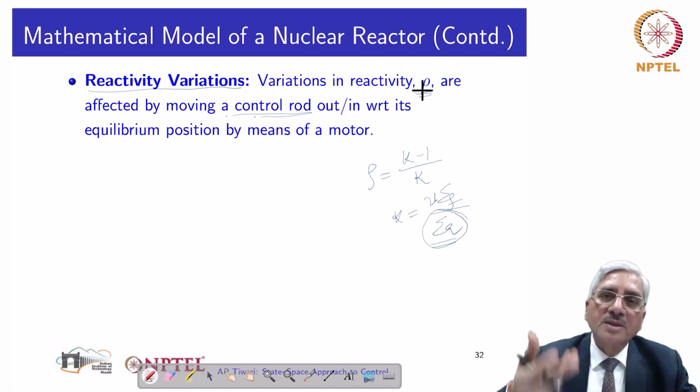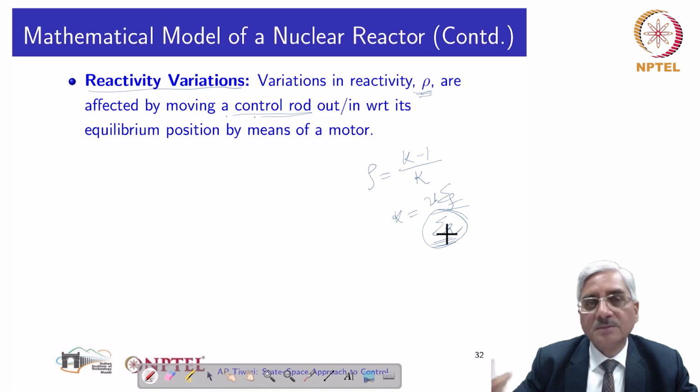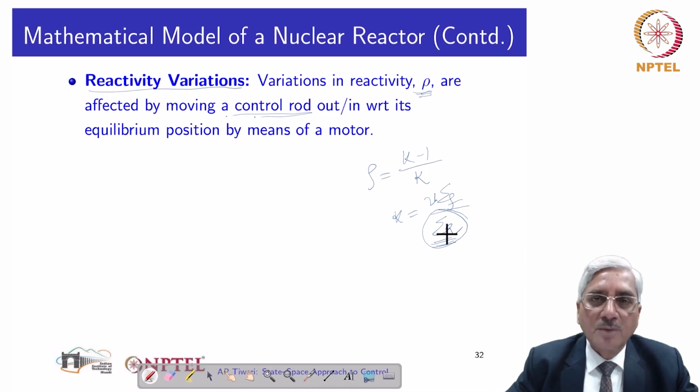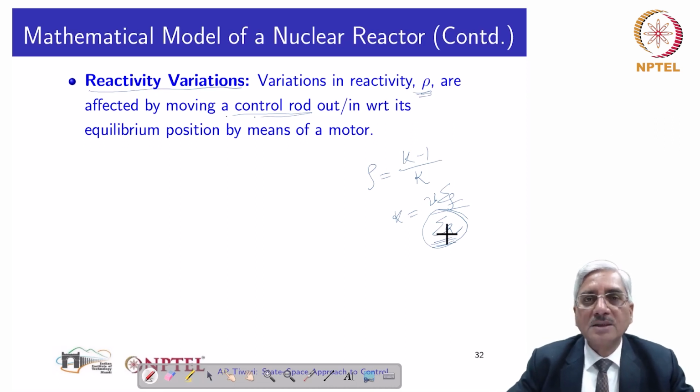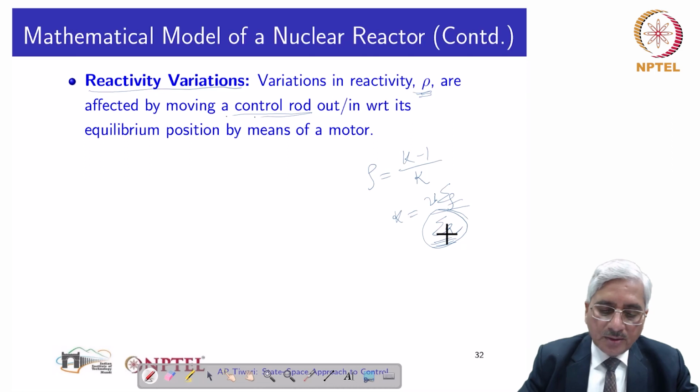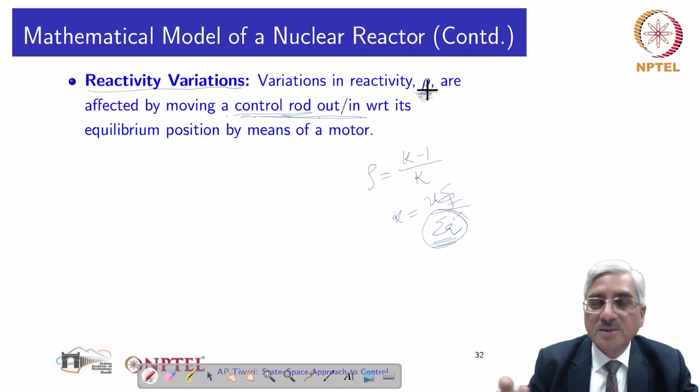And if we pull out that same rod, removing the material containing absorber, then the reaction rate will become faster. And so a control rod is used to change this sigma a and thereby the reactivity rho.